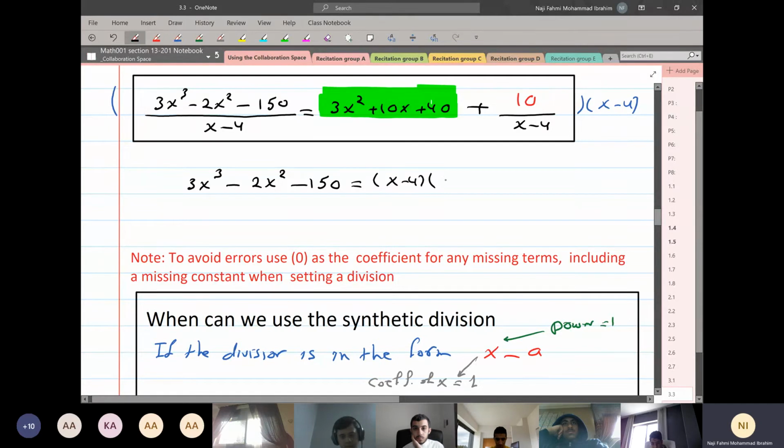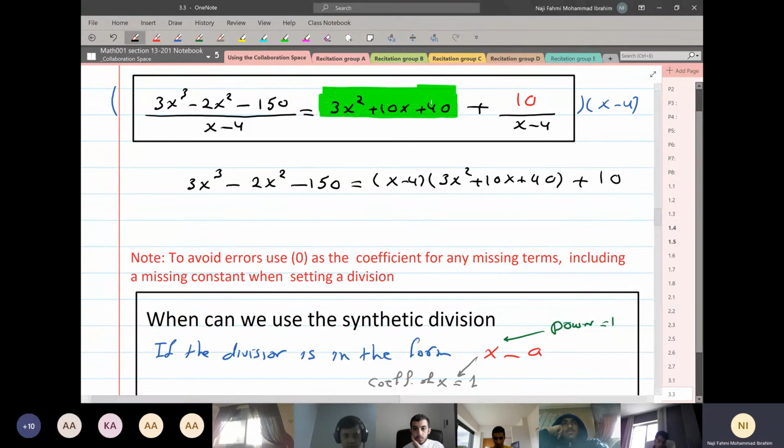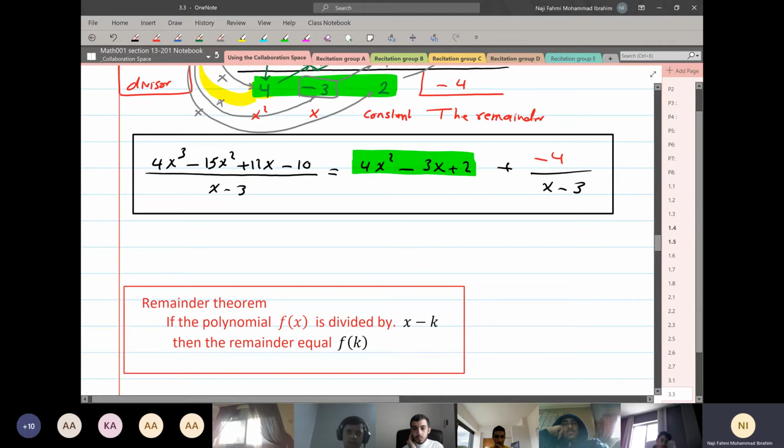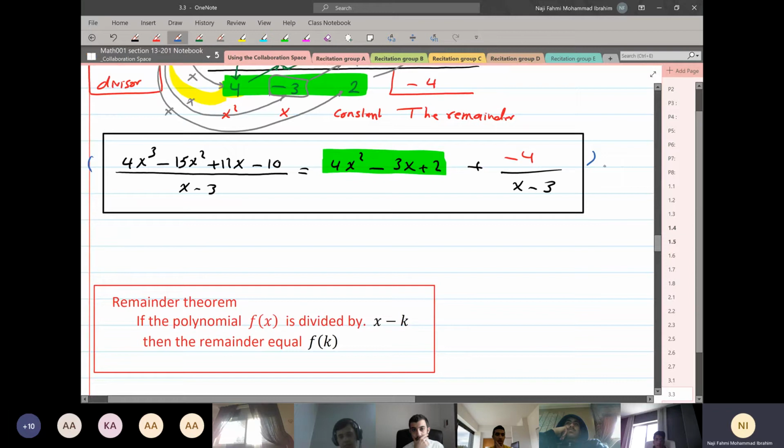x minus 4 multiplied by the quotient, all plus what? Is this correct? Yes. I just multiplied by the LCD. I will do the same thing in this example. If I multiply by the LCD, what's the LCD in this example? x minus 3.